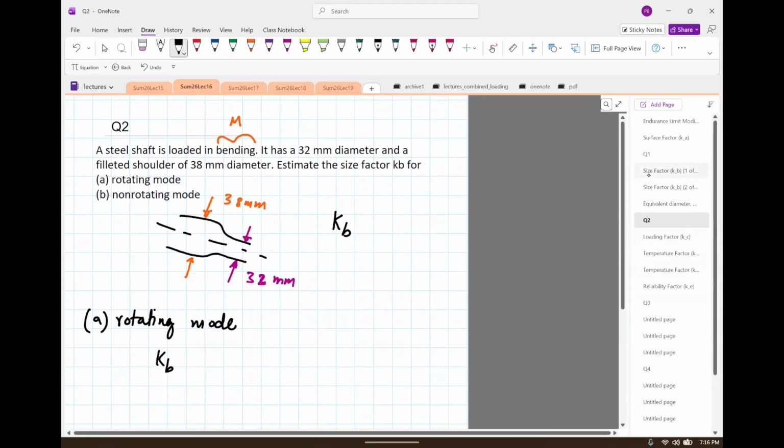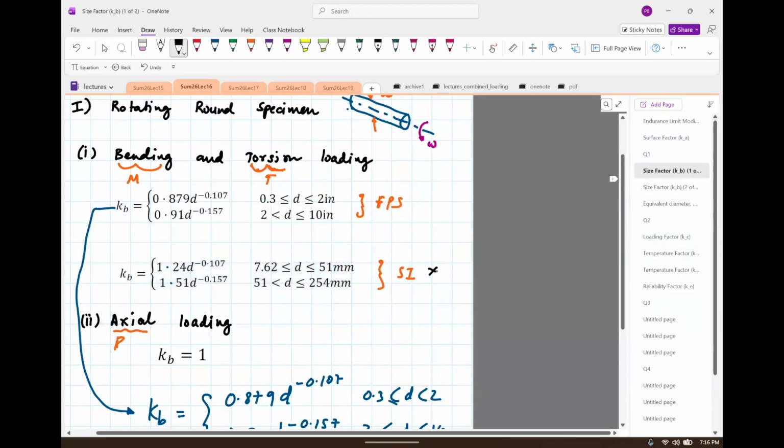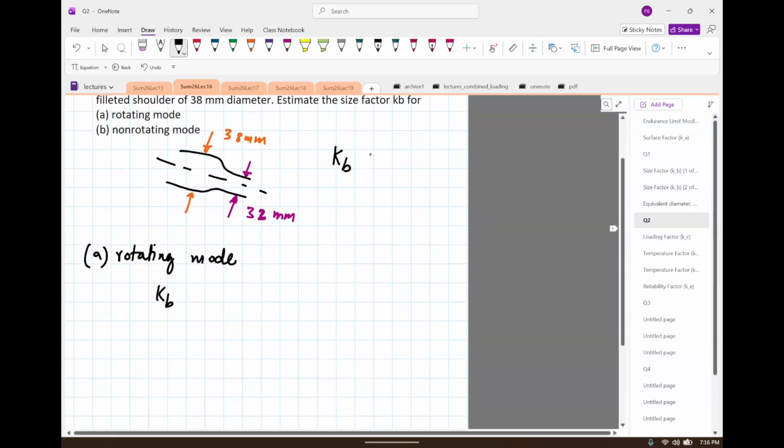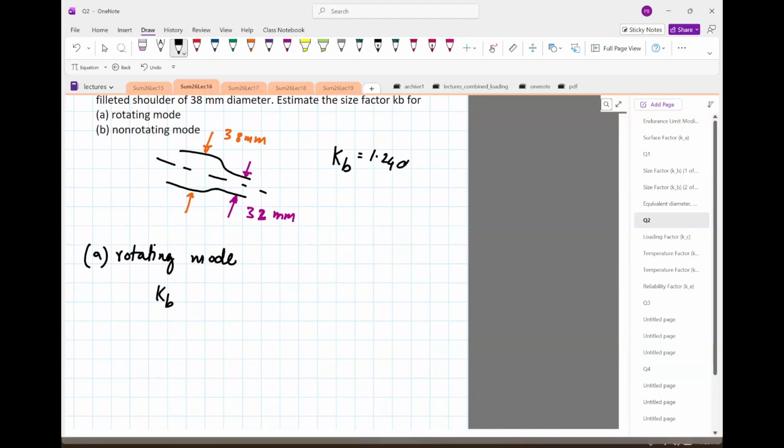So we have to use this formula. And in this formula, we have 32 or 38. Both of these diameters fall in this range. So it has to be KB equals 1.24 d raised to minus 0.107. So let me write down that first. So KB is 1.24 d raised to minus 0.107.